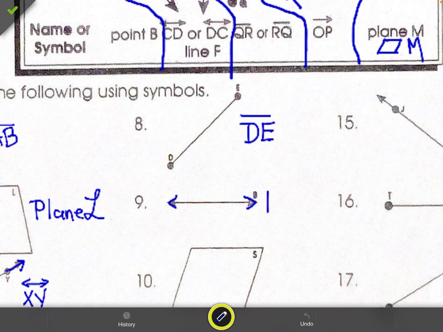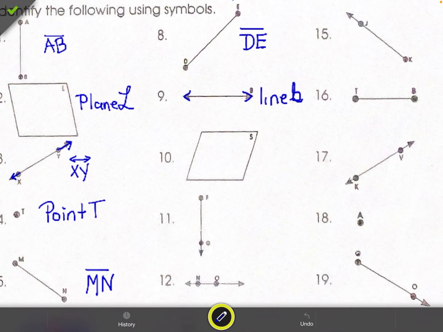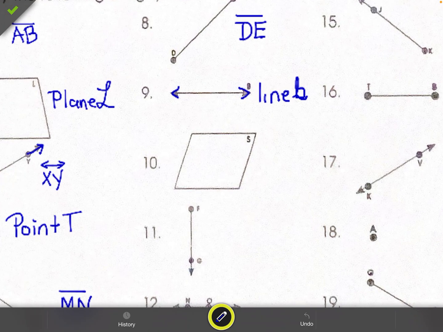This would be a line. Now, remember, if you're going to use the letter that they're providing for you at the end or beginning, you have to use the word, and it's supposed to be a lowercase cursive. So we'll say line B and try to make it cursive.